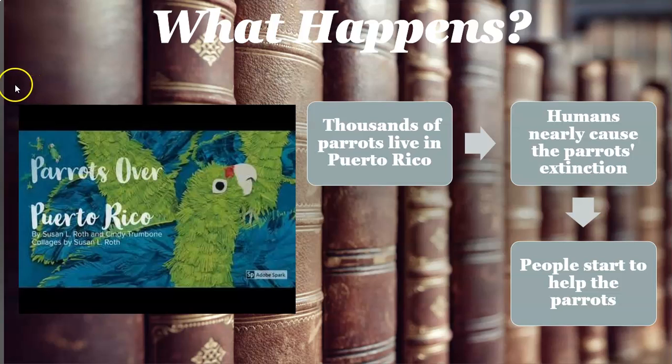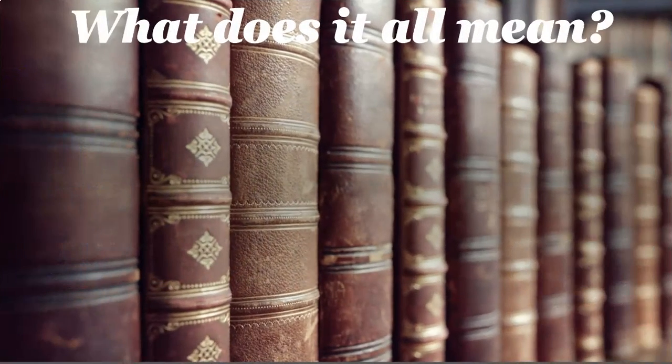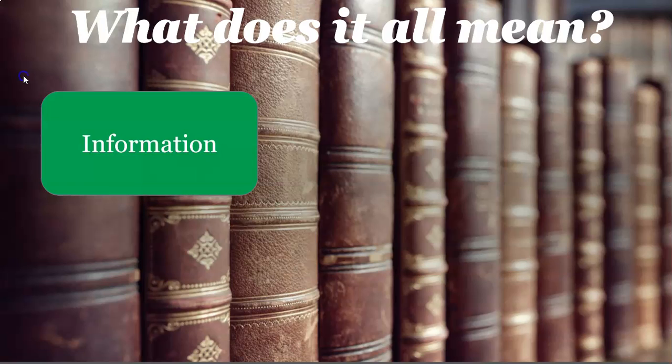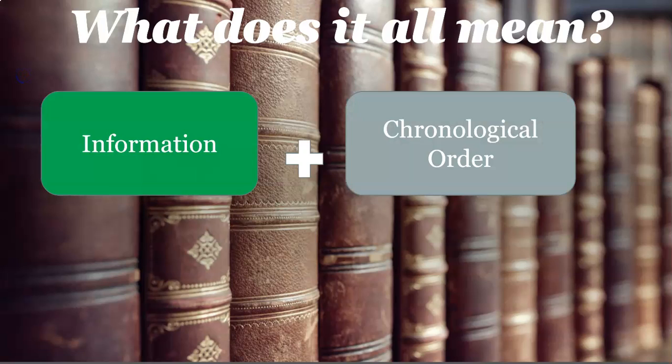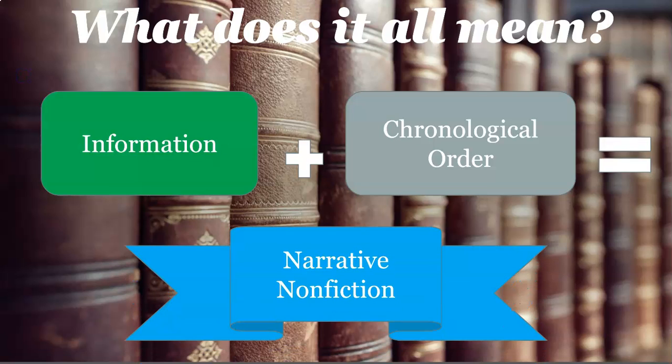So what does it all mean? I think we can come up with a very good definition for this term and notice a pattern that when I have information and I add a chronological order to that information, boom, we call it narrative nonfiction.